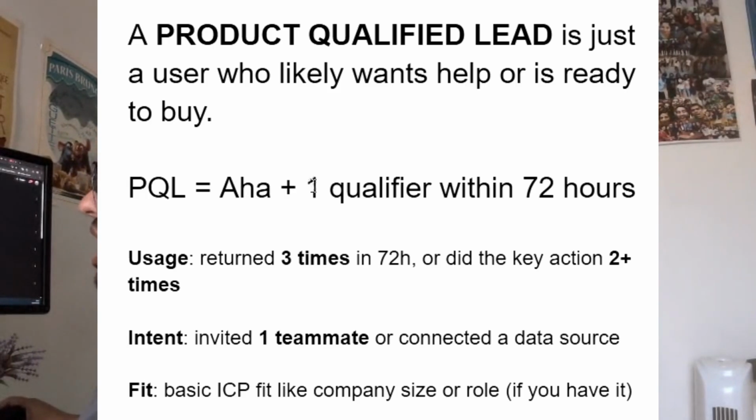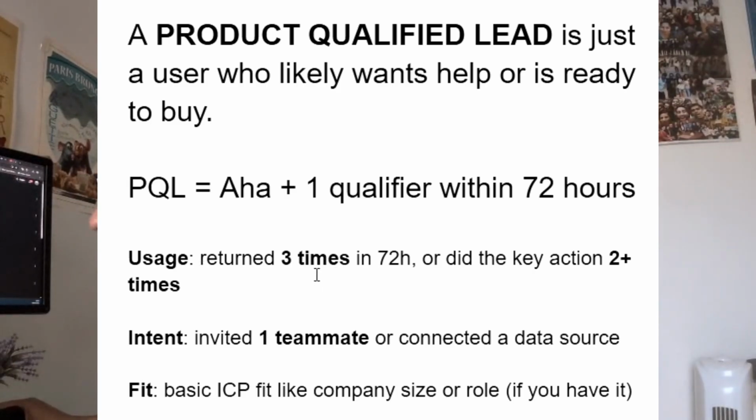So a PQL is a user who had an aha moment and they satisfy at least one of these three qualifiers within 72 hours. What is a qualifier, you say? It is just a fancy term I named. Basically, they just can do one of these three things in the next 72 hours or 3 days.